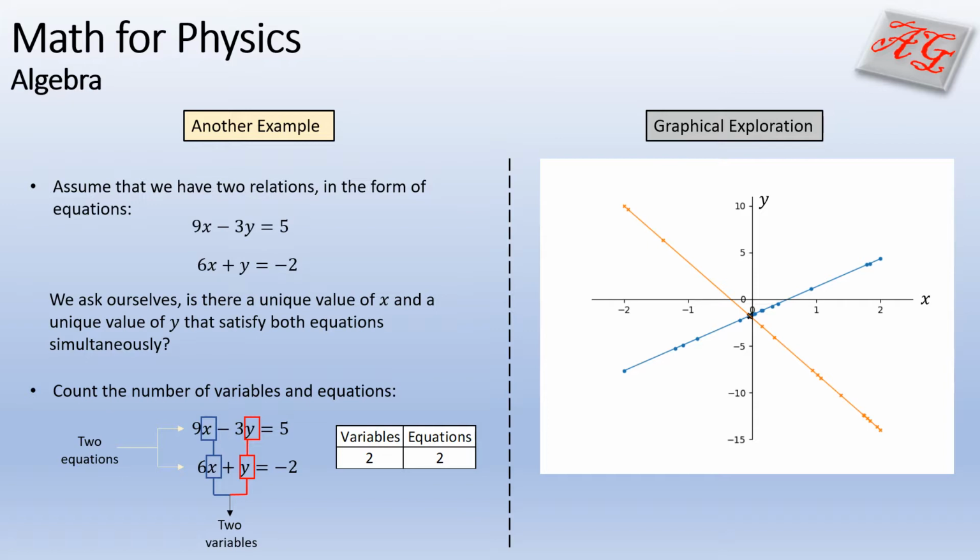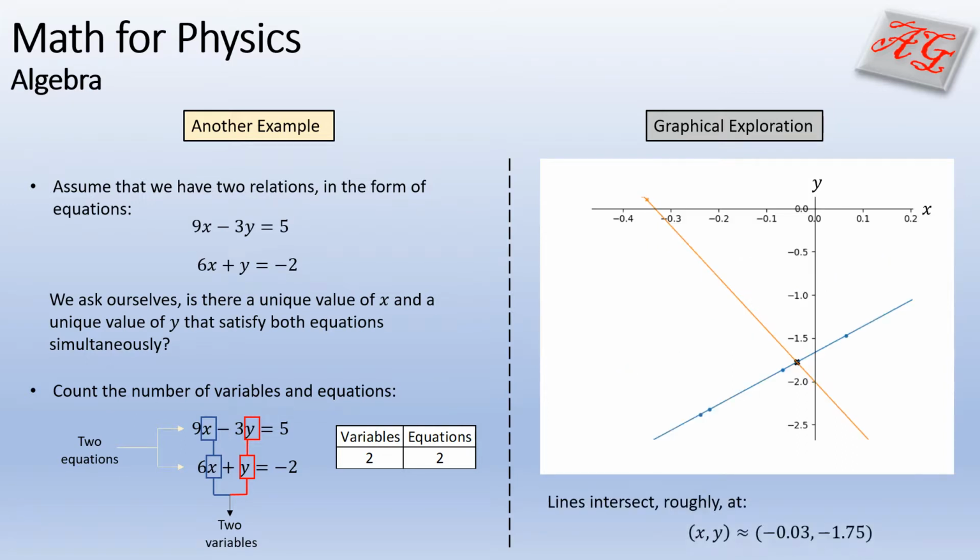And now we can find a point where there is a unique value of x and y that satisfy both equations at the same time. This point is exactly where the lines cross. And now it is difficult to see, but this point corresponds to values of roughly x equals negative 0.03 and y equals, again, roughly minus 1.75.